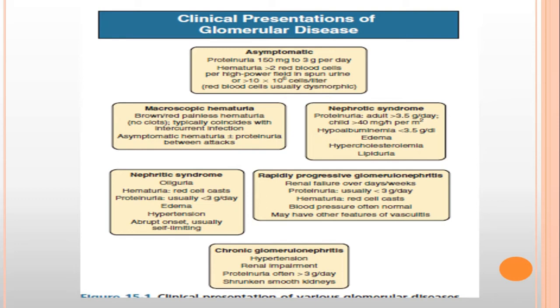We discussed in the first lecture hematuria, red cell casts, and proteinuria less than 3 grams. In nephrotic it is more than 3 or 3.5, but in nephritic, less than 3 grams. Edema can be present, along with hypertension and abrupt onset, usually self-limiting renal failure.